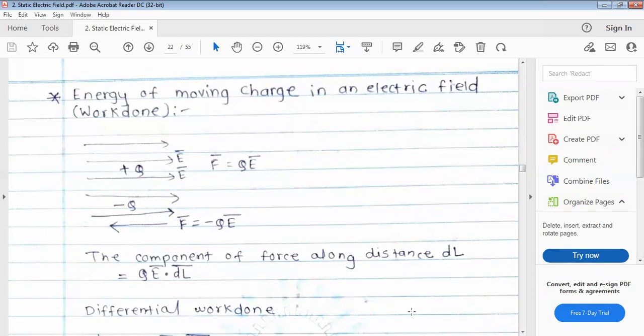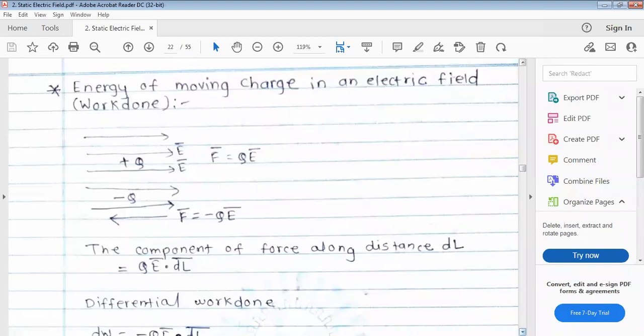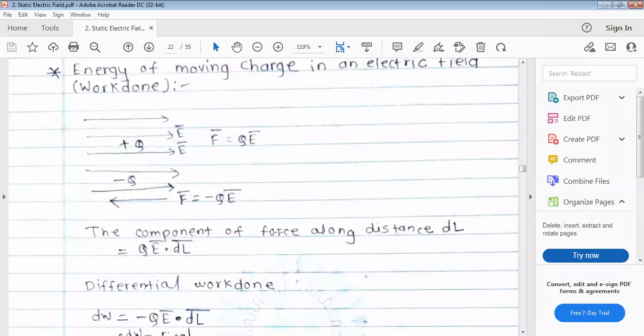Okay, so that is also force. And that force is given by F bar is equal to minus Q into E. And the component of force along distance dl, for as much distance as you are applying that force, is given by Q into E bar dot dl bar.